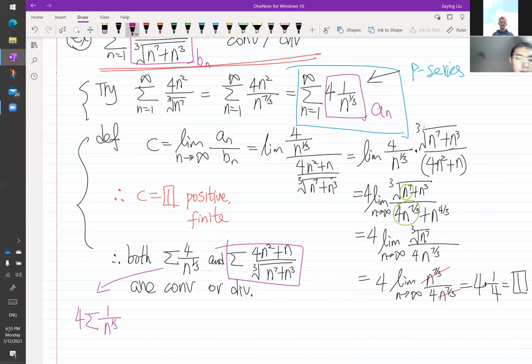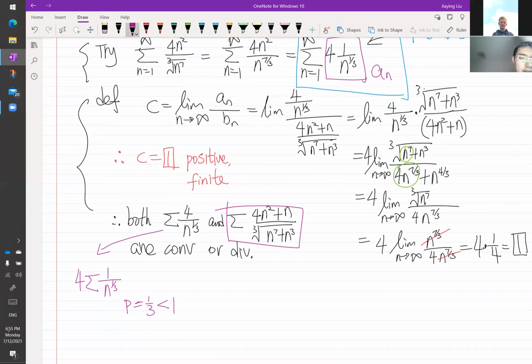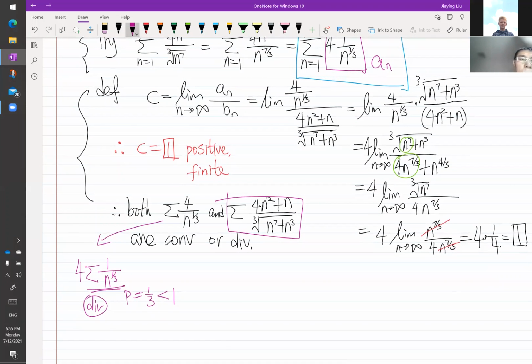Using the p-series test, like Aiden suggested, here p is equal to 1/3, which is less than 1. Therefore, this series is divergent, right? So that's what the p-series test tells us. So this simpler series is divergent, but both of them behave the same way. Therefore, the other one that we're interested in is also divergent.